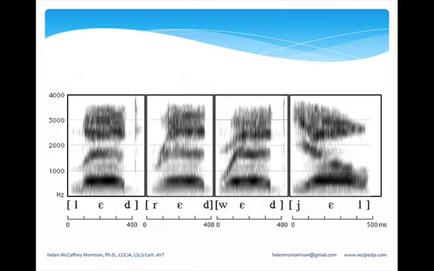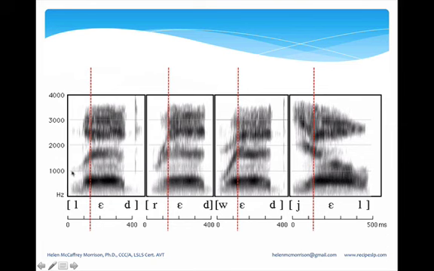So let's look at some glides, laterals, semivowels. We have lead, red, wed, and gel. And I've just put a dotted line to separate the quickly changing formants for the consonant from the steady state vowel.